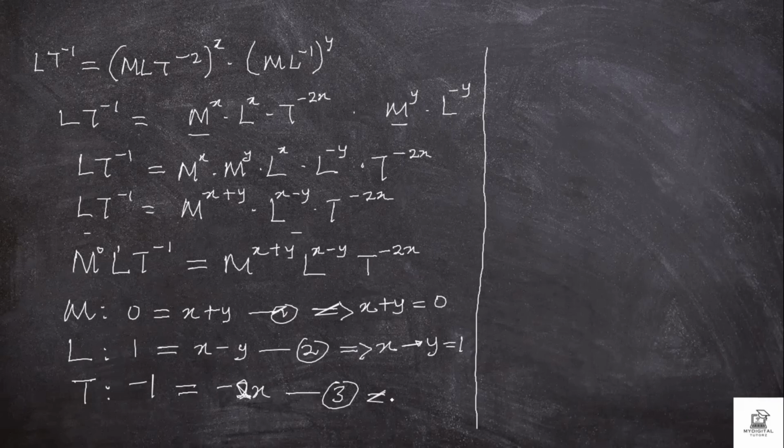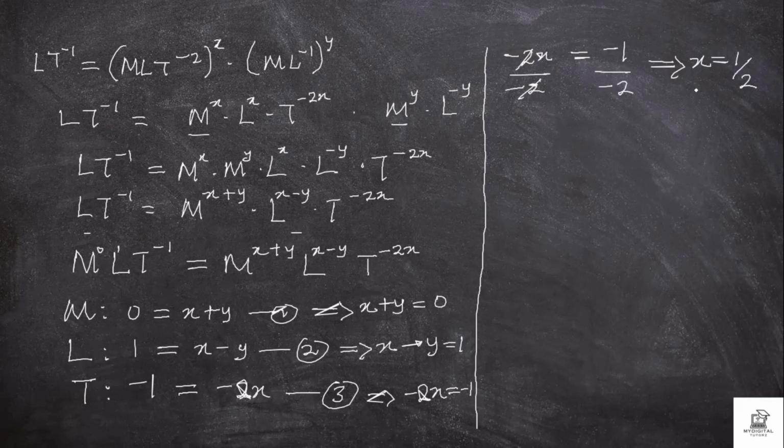And from equation 3, we have that minus 2x is equal to minus 1. So from equation 3, I can make x the subject of the formula. Divide both sides by minus 2. I have minus 2x equal to minus 1. Divide both sides by minus 2. Minus 2 cancels minus 2, which implies that x is equal to 1 over 2.